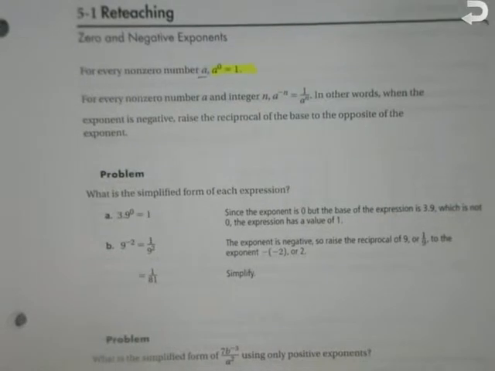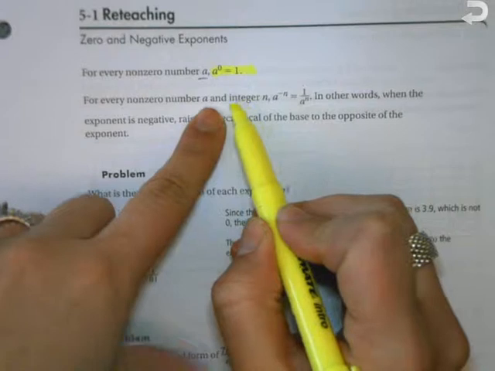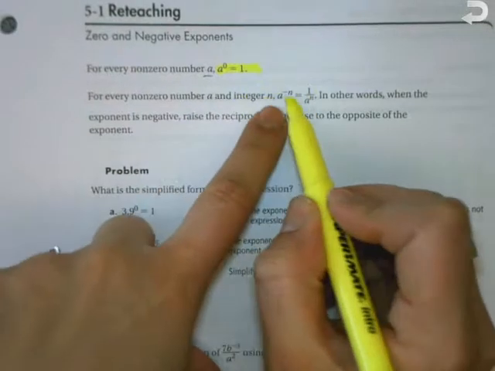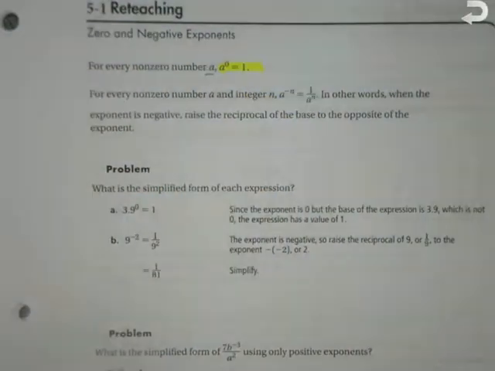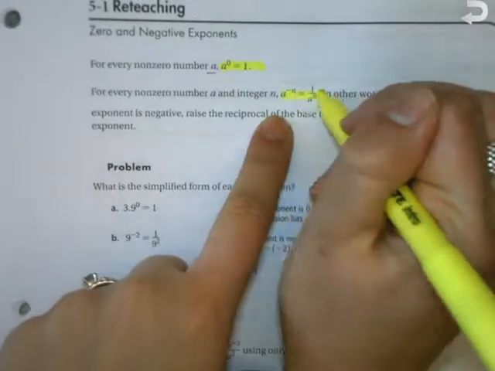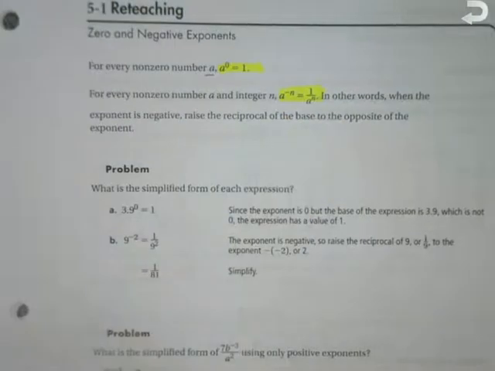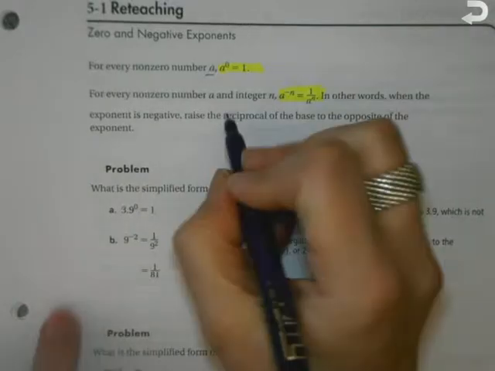The other piece of information you need to know is how we deal with negative exponents. So for every non-zero number a, that's your base, and an integer n, those will be numbers when we get to it, a to the negative n is equal to 1 over a to the n. In other words, when the exponent is negative, you raise the reciprocal of the base to the opposite of the exponent.